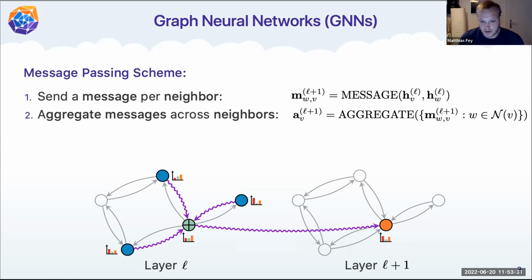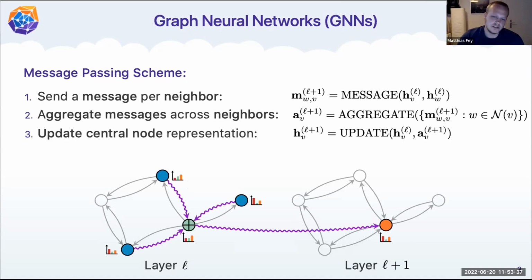After that, we get a vector that represents the direct neighborhood of each central node. We can use this representation to update the central node representation using another function, which we often call update. That update is often implemented as a simple skip connection or similar.